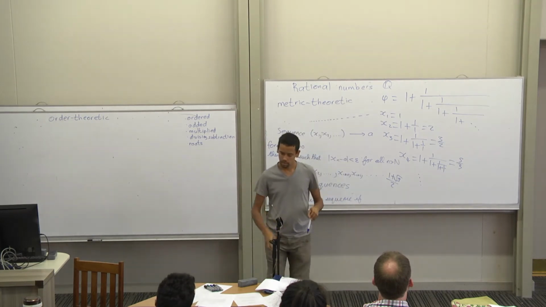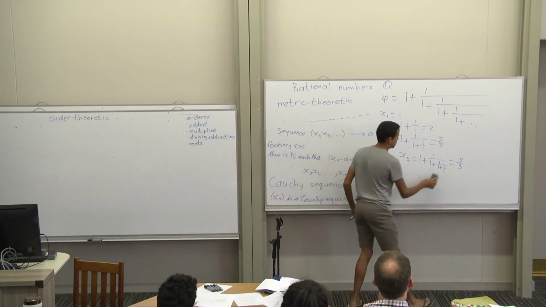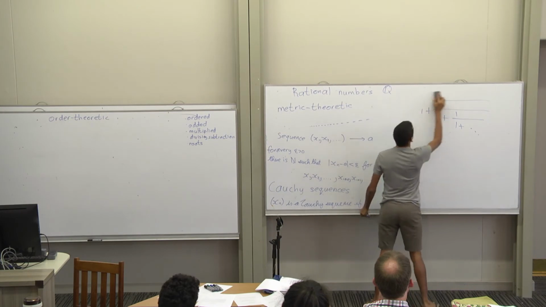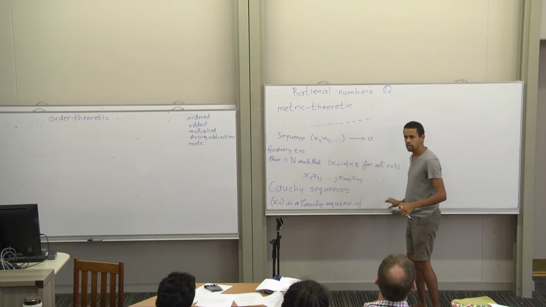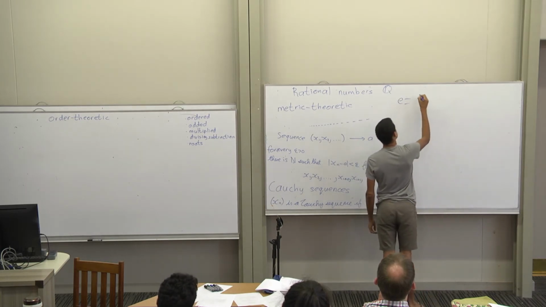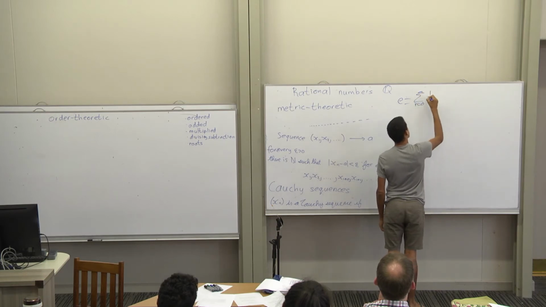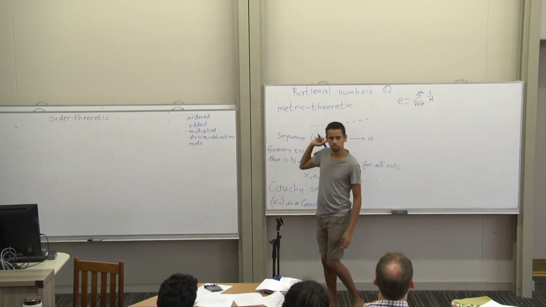Something similar is for e. You may have seen the formula: e is the sum from n equals 0 to infinity of 1 over n factorial. Have you seen that before? Yes.